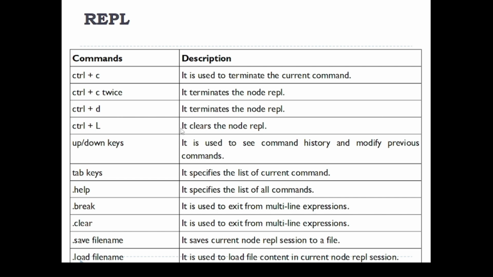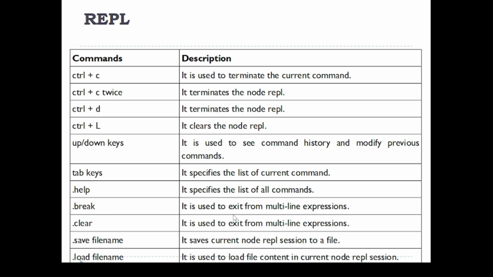Another one is, if you want to clear the screen but stay inside the REPL, you can use Ctrl+L. The up and down keys are used to see the command history and modify previous commands. Then you have the Tab key to list the current commands. .help will list all the commands.